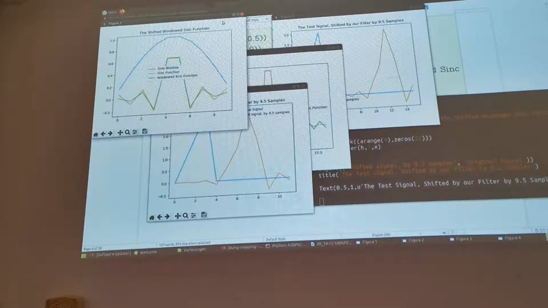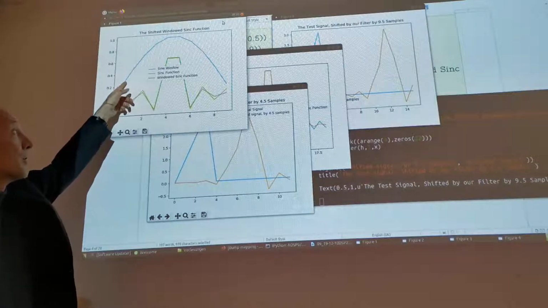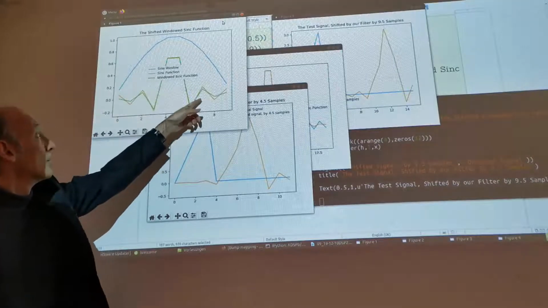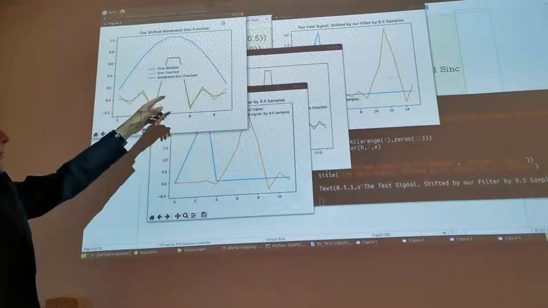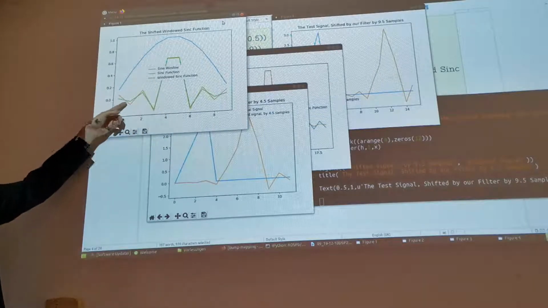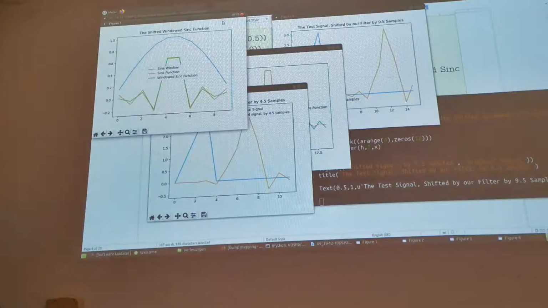In the beginning, the blue is the sine window that we apply. Then the sinc function is this orange, over this interval here. And then when you multiply the two, you get the windowed sinc function, and you can see that it's getting smaller towards the end. So it's faded in, faded out in this way.